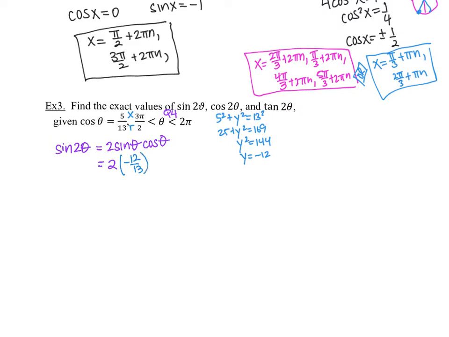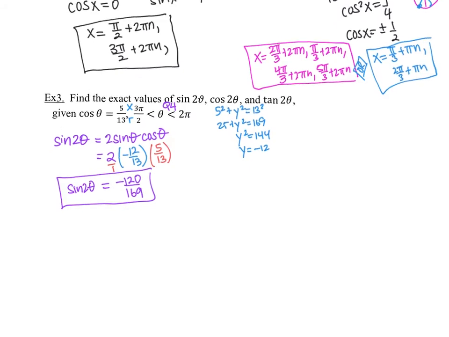And then the cosine of theta was given to me as 5 over 13. Okay, if I multiply this out, I get negative 120 over 169 for the sine of 2 theta. And I have no idea what theta is, but this is what the sine would be if I doubled it.